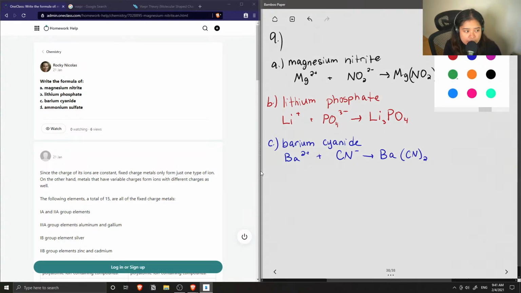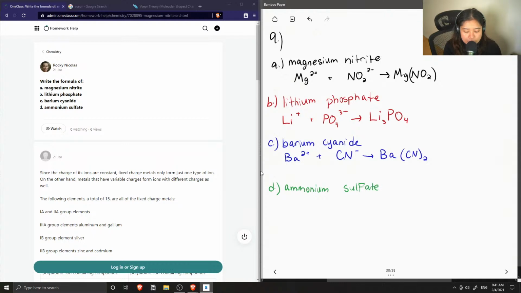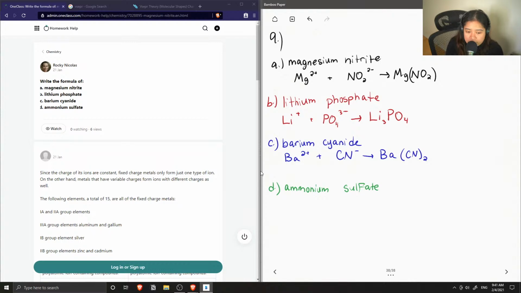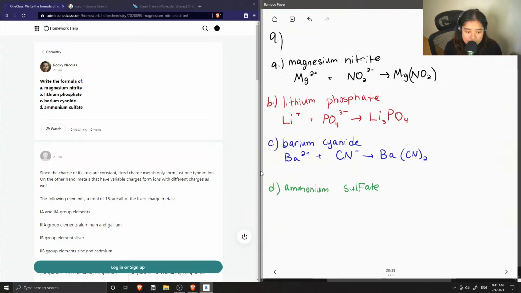And now let's do our last example, which is ammonium sulfate. Both ammonium and sulfate are polyatomic ions. Ammonium's formula is NH4+, and sulfate is SO4 2-.